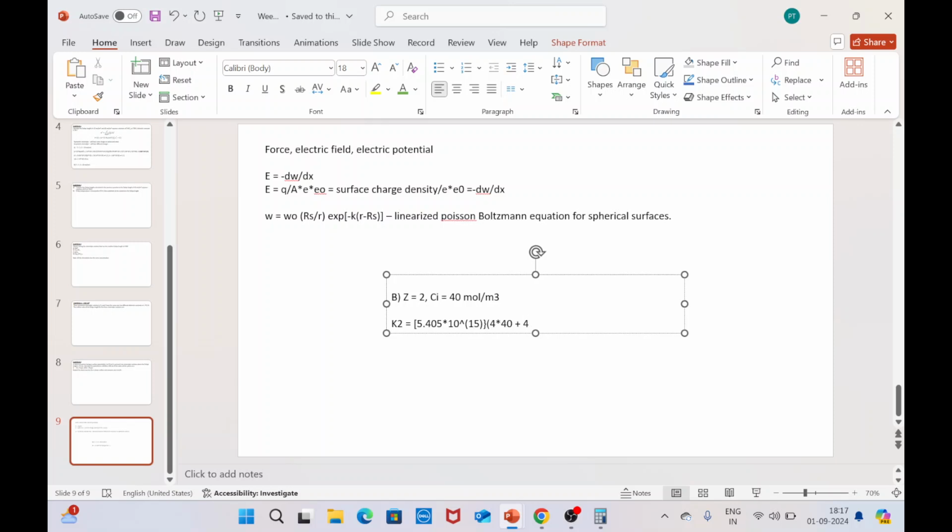So 4 times 40. So this is what is the value.